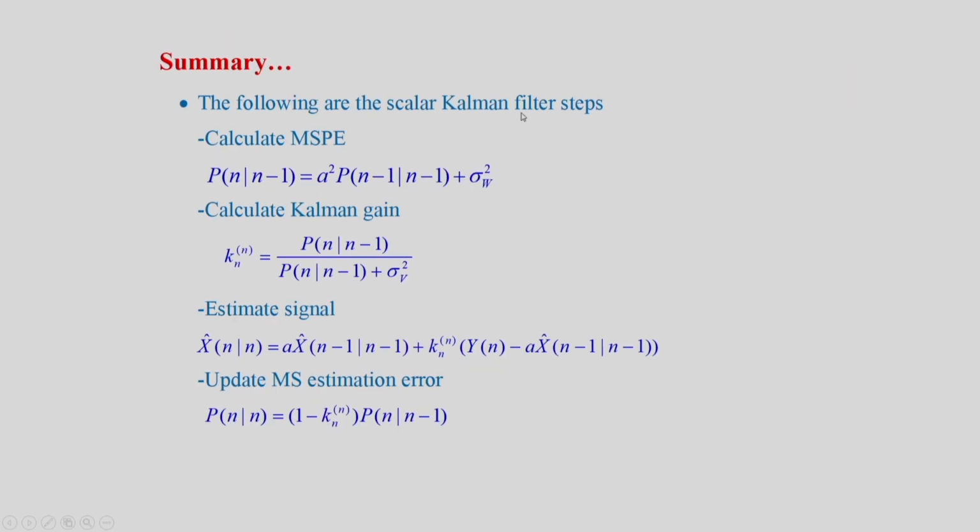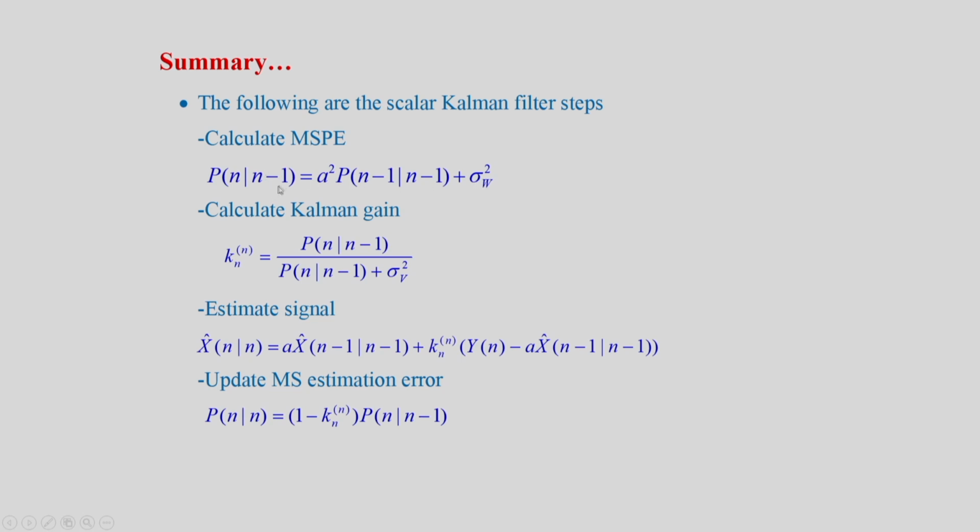So, we established the following Kalman filter steps. First one is calculate the mean square prediction error, that is p of n given n minus 1 is equal to a square times p of n minus 1 given n minus 1 plus sigma w square.